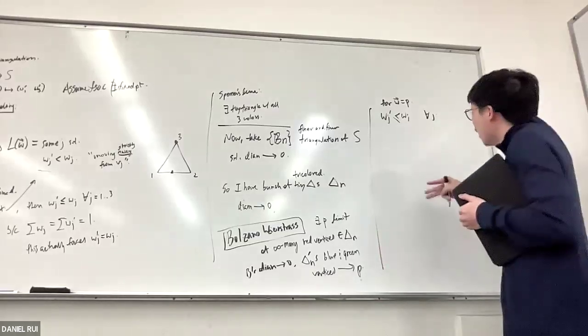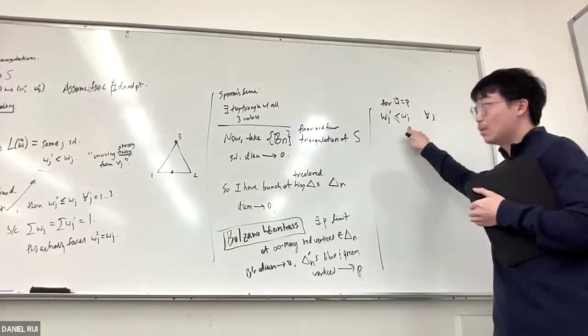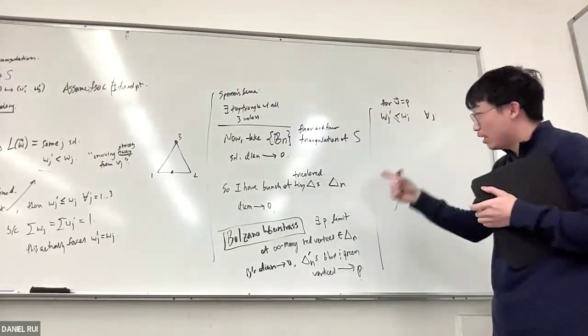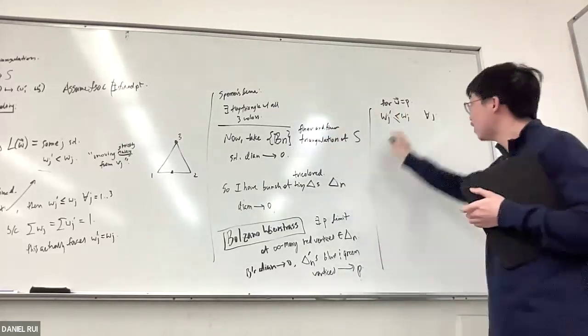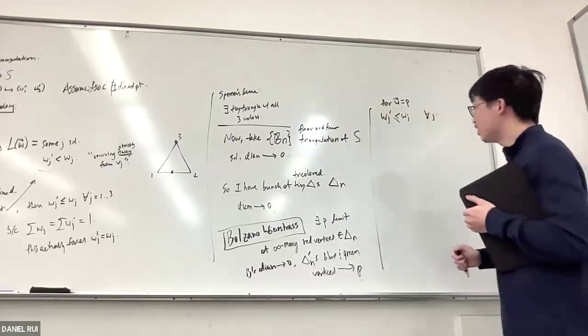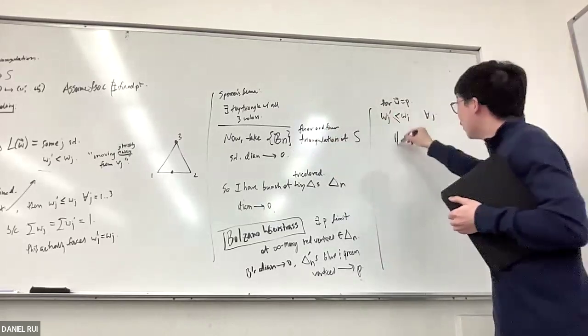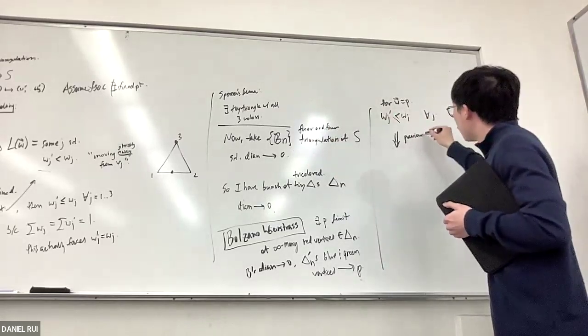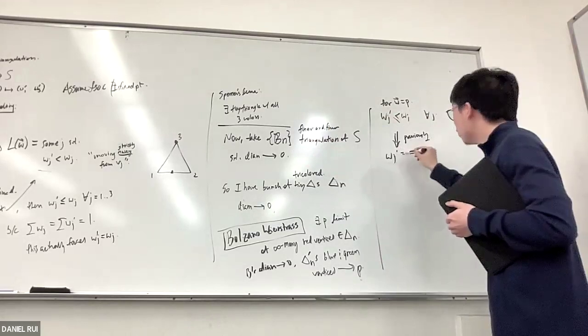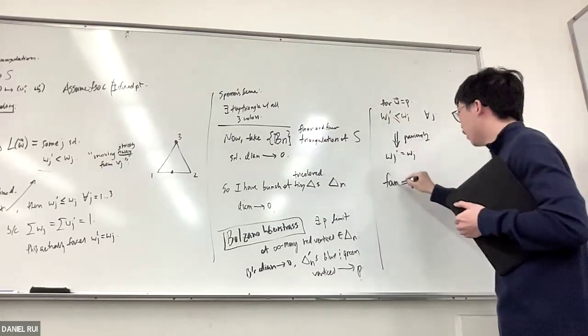For all three colors, this inequality will hold because it held for each of the triangles, and then I took the limit, and that introduced the less than or equal. But I argued previously that whenever this happens, it means that Wj prime equals Wj. And so I have found my fixed point.